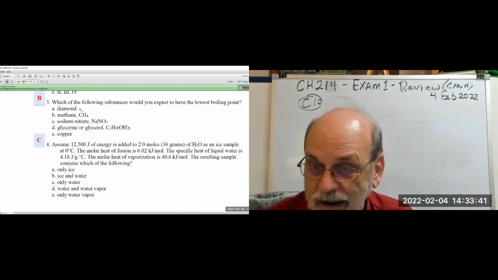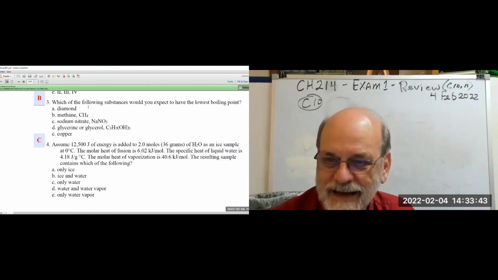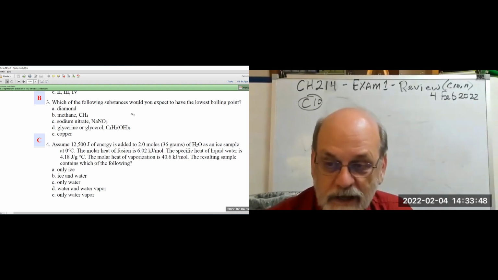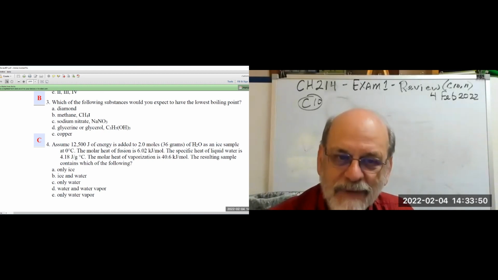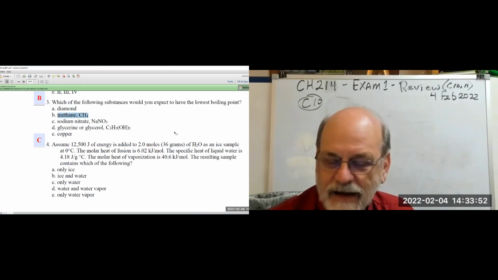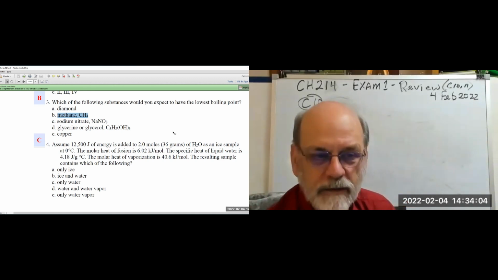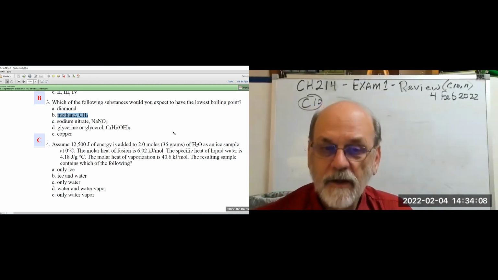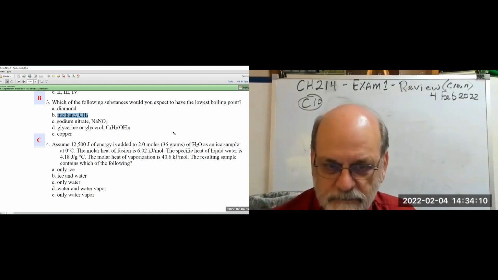Diamond is a network solid. If you try to boil diamond, you're probably going to decompose it before you get to the boiling point. Methane, that's a nonpolar gas, which would have the lowest boiling point because the only intermolecular forces it has at its disposal are the London dispersion forces.